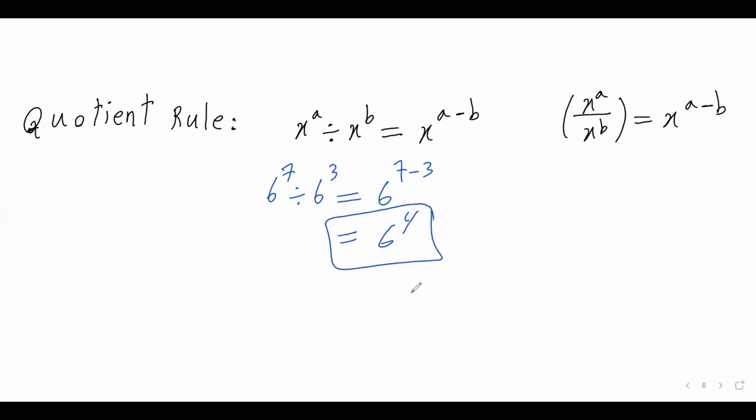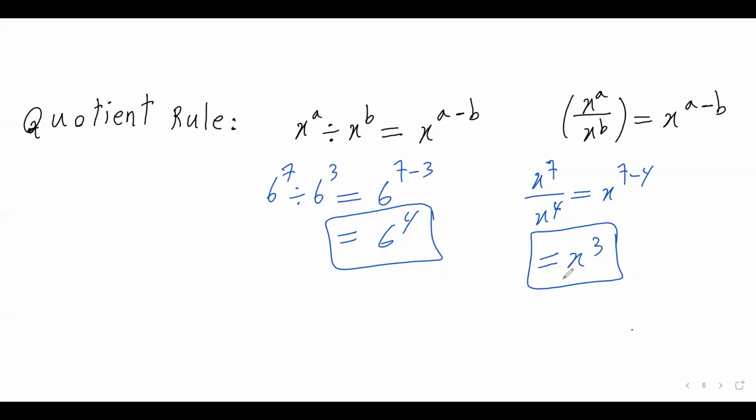This is our answer. Now let's say I have this one, x to the power of 7 over x to the power of 4. Again, the bases are the same. I write down one of the bases and I subtract the exponents, 7 minus 4. So this equals x to the power of 3.